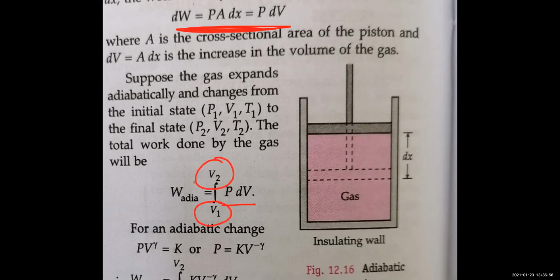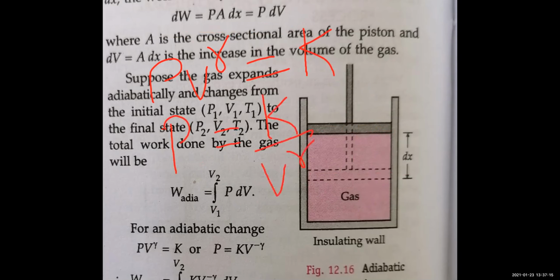Now children, we know the equation for an adiabatic process. We had written that it is PV raised to gamma equals a constant, and here the constant we are taking as K. So if we make P the subject of the formula, it is K upon V raised to gamma, which is nothing but K into V raised to minus gamma.